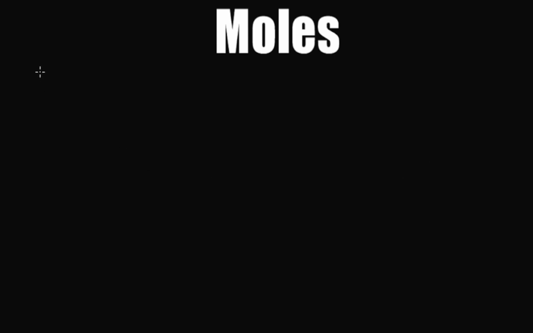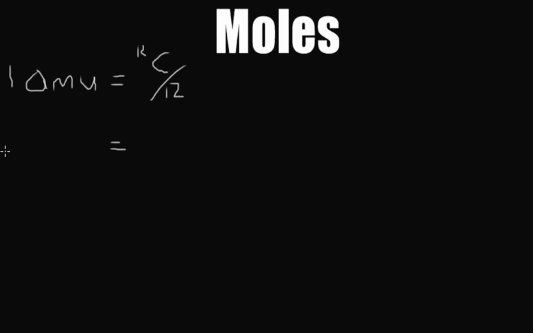So in chemistry, we use atomic mass units to describe the mass of an atom. One atomic mass unit is 1/12 the mass of one atom of carbon-12. So if we want to find the mass of an atom of another element, it would be relative to 1/12 the mass of carbon-12.